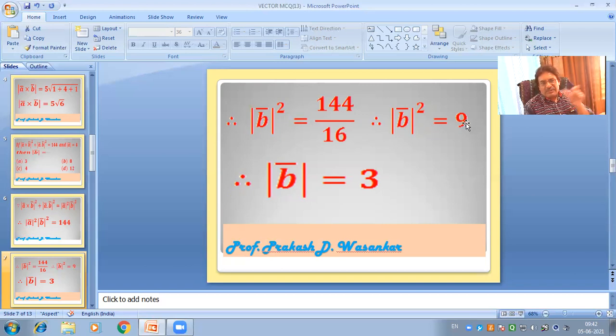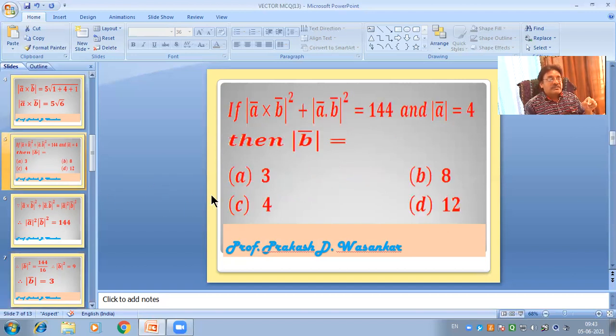By taking the square root of both sides, we get magnitude of B bar equals root 9, that is 3. Therefore, magnitude of B bar equals 3. So A is the correct option, because in this problem we find the magnitude of B bar, and it is 3. This is a very important question.